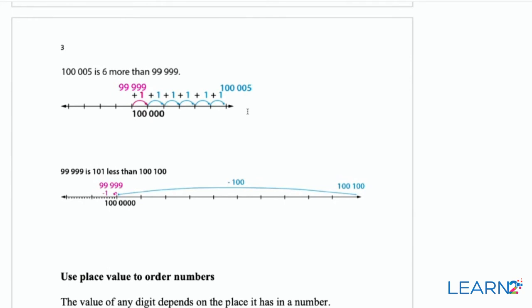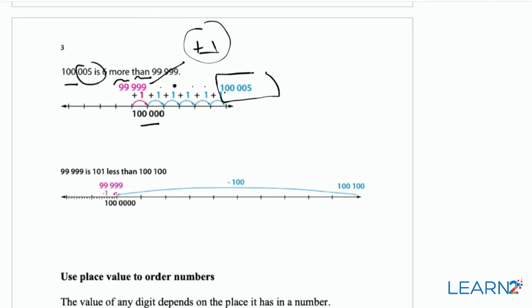Let's take a look at this. We also need to learn how to count forwards and backwards. So if you're looking at this number 99999, this is 99,999. If we add 1 to 99,999, what do we get? We get 100,000. And if we need to go to 100,005, then we're going 5 more: 1, 2, 3, 4, 5.